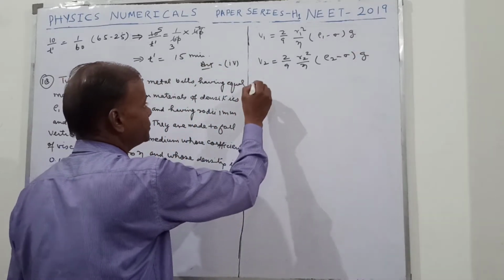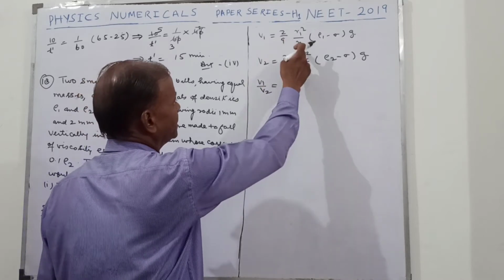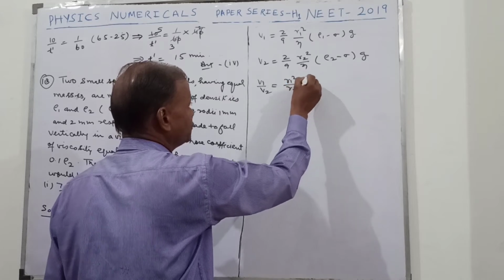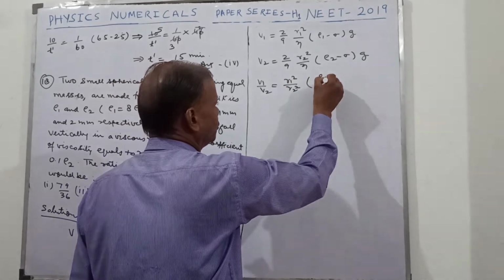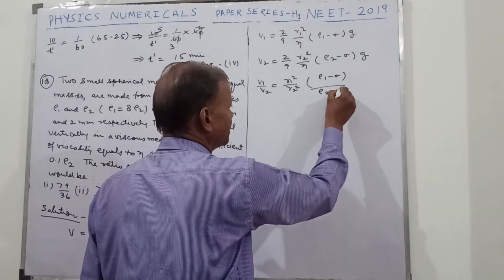Now what we have, V1 upon V2: you know that these factors will cancel. So this is now R1 square upon R2 square into (rho 1 minus sigma) upon (rho 2 minus sigma).